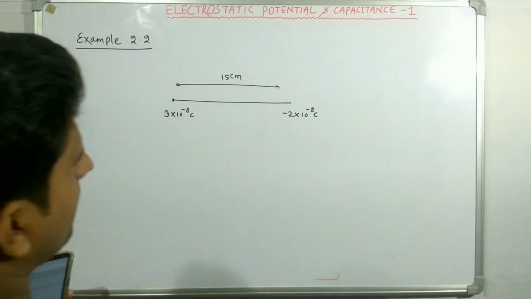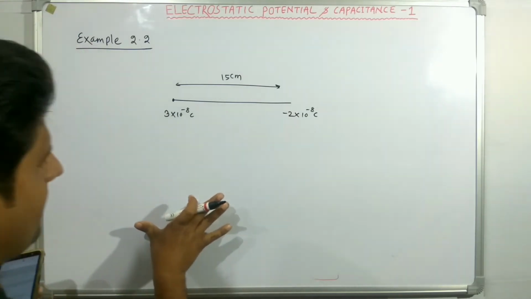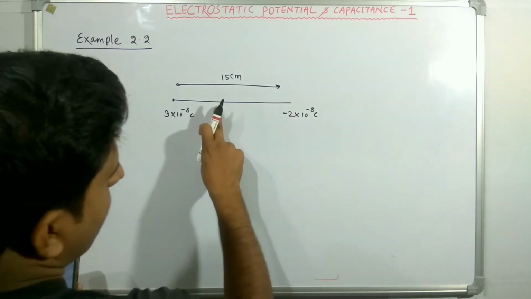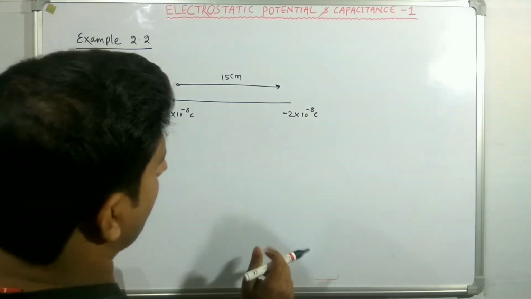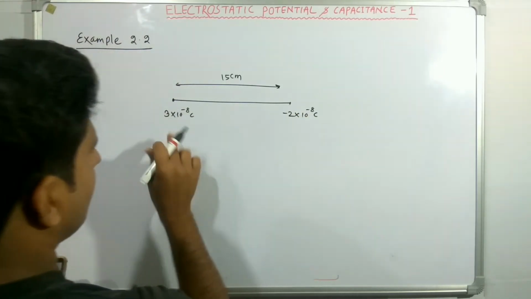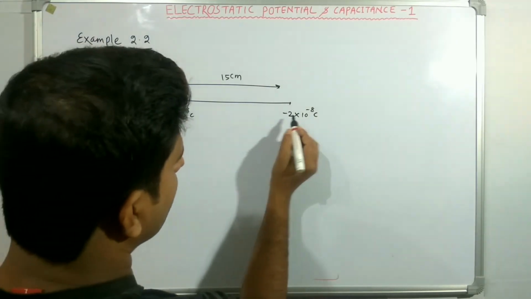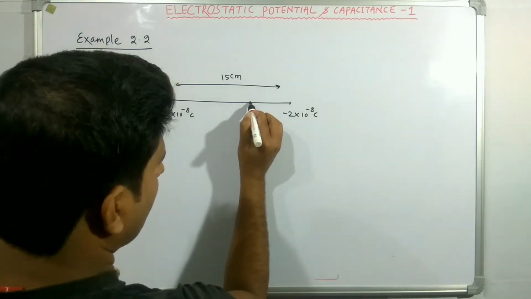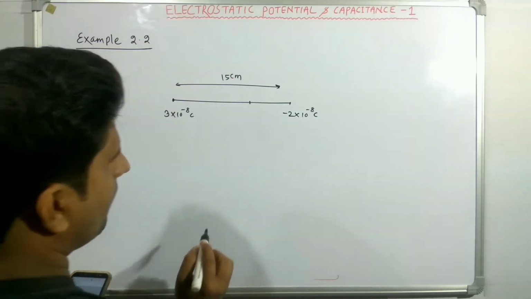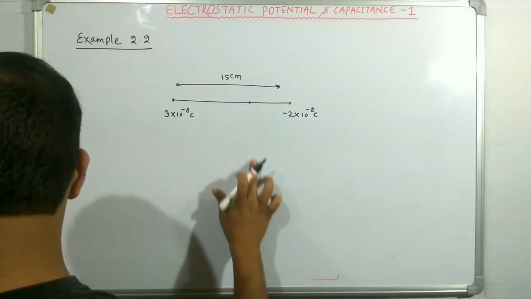In previous lessons we learned that the electric potential is 0 at two points, one inside them and the other outside them, and always nearer to the smaller magnitude. Here we have 3 and -2, so the smaller magnitude is -2. Suppose this is the point where the net electric potential is 0.